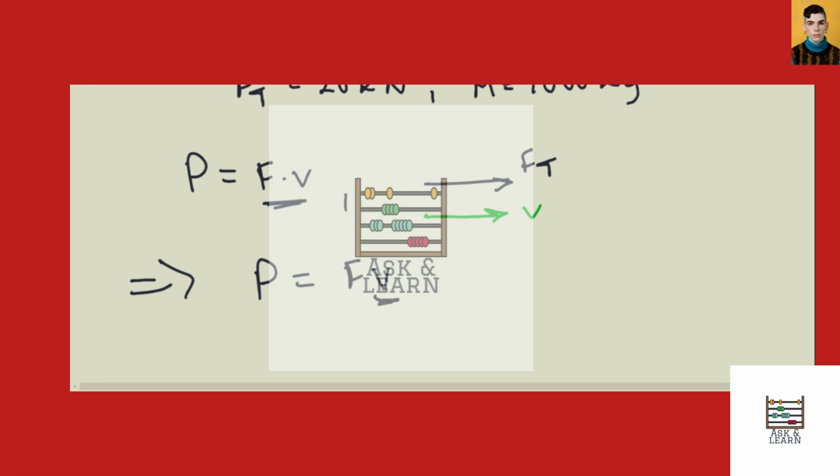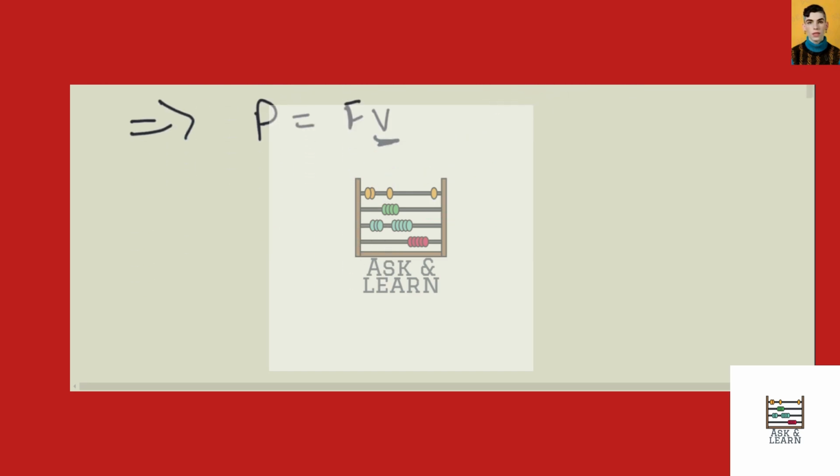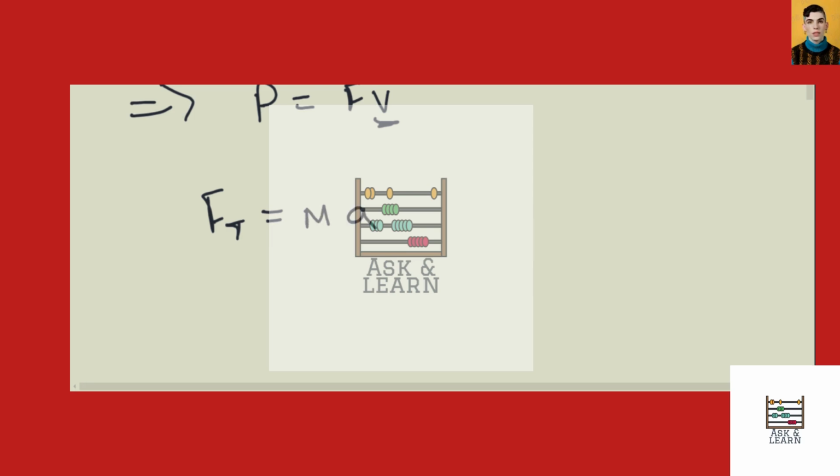is this velocity. So to find that, we can just use Newton's second law of motion, which is the force, in this case, the force due to the thrust is equal to the mass of the car times its acceleration. So just solve for a, and we have the force due to thrust, which is 20,000, divided by the mass, 1,000.